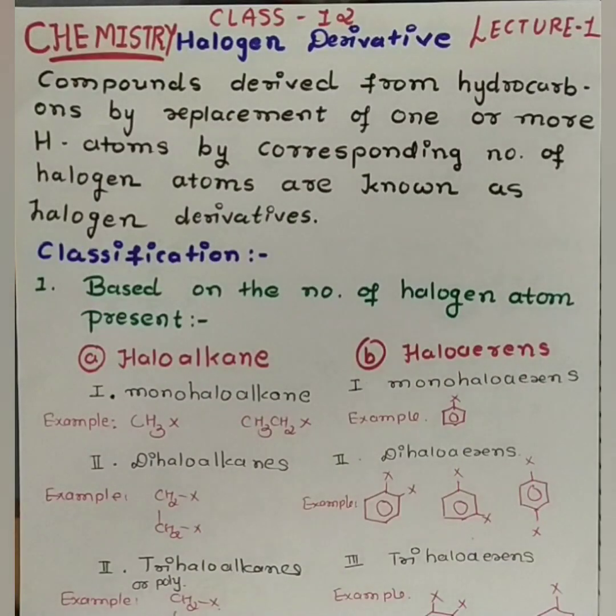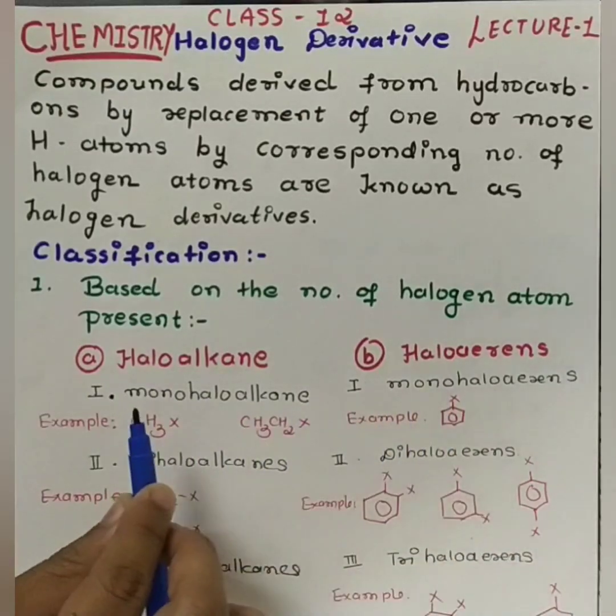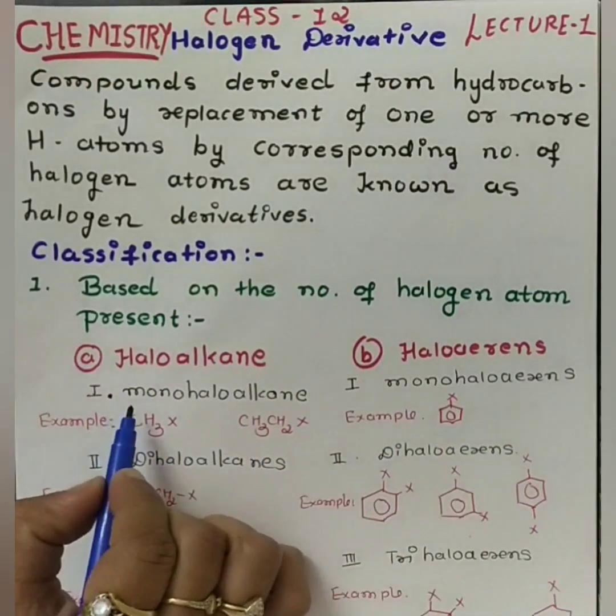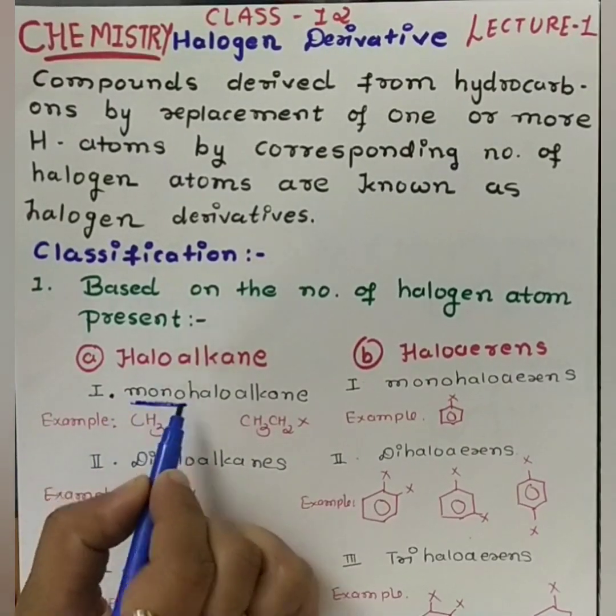Now, let's discuss classification. The first classification is based on the number of halogen atoms present. This is a separate classification for haloalkanes and haloarenes. Mono means 1.